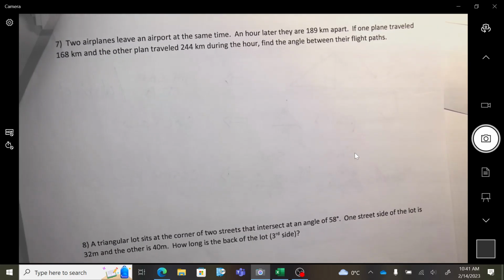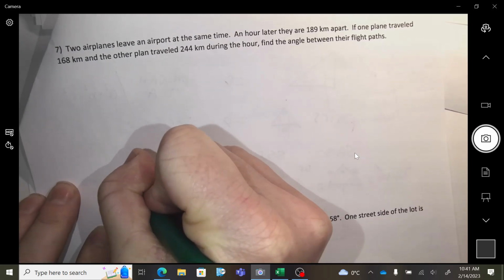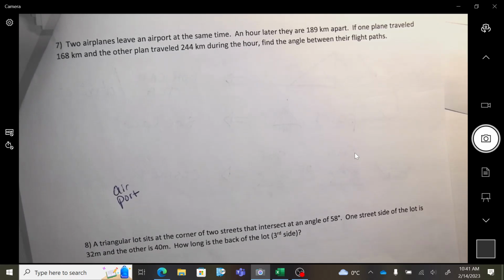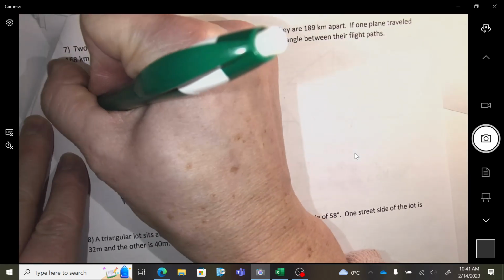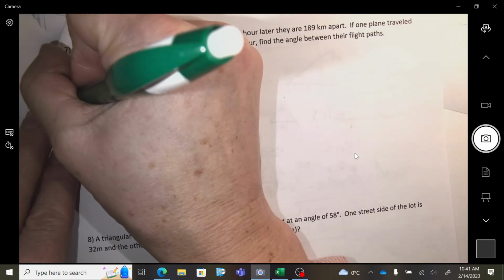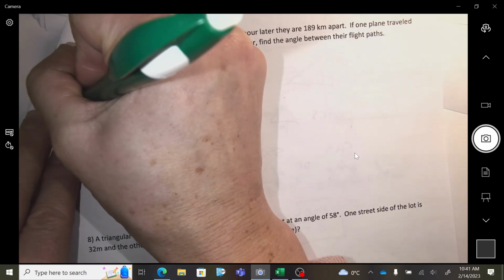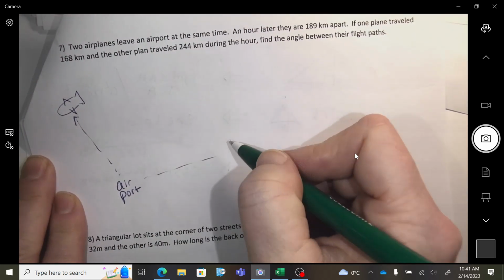Okay, number 7. 2 airplanes are leaving the airport. Don't tell me that's actually true. So there's an airport and one airplane goes that way.